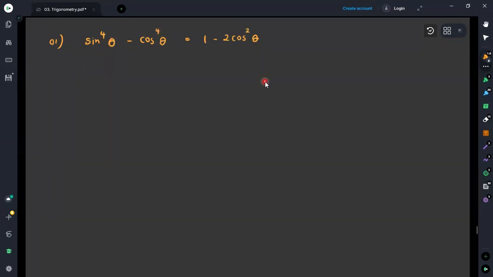Therefore, I will start this calculation from the left hand side, which I will denote as the LHS, and show that sine theta to the power 4 minus cosine theta to the power 4 equals this quantity.